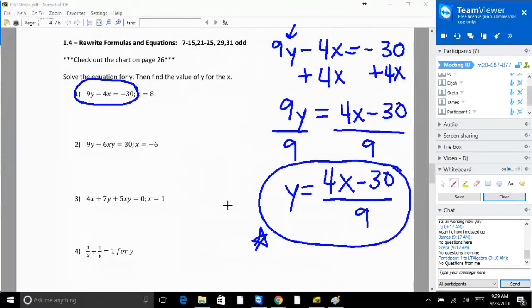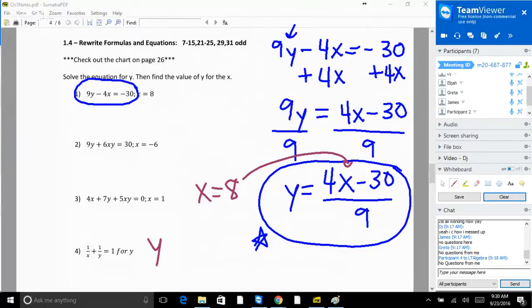All right, so we rewrote it, and now it says find the value of y for the x. So this is kind of the easy peasy part. You've rewritten the equation, so now you're going to substitute in x equals 8, right? So you're going to plug that in right here.